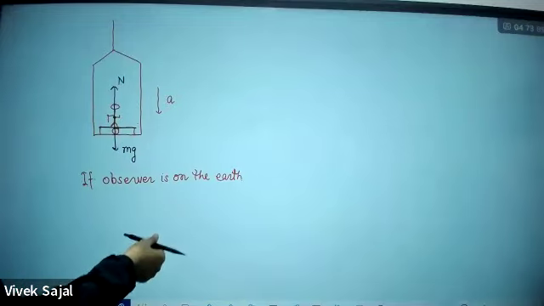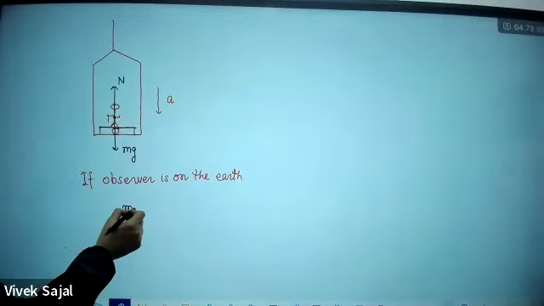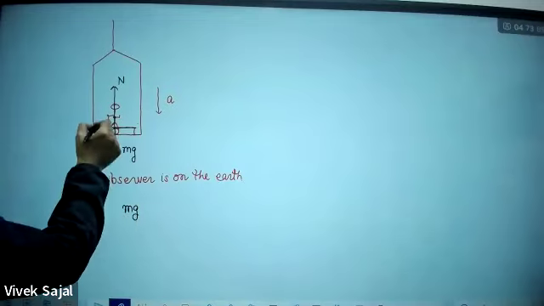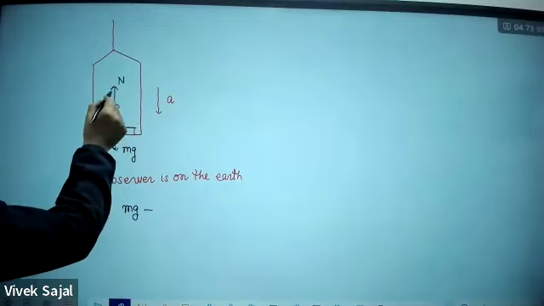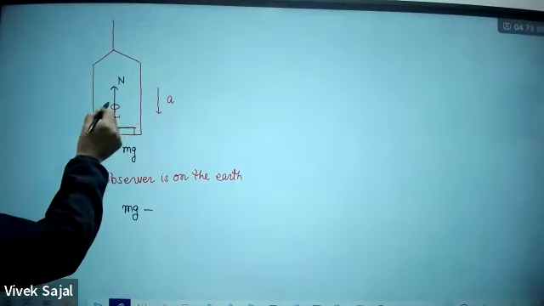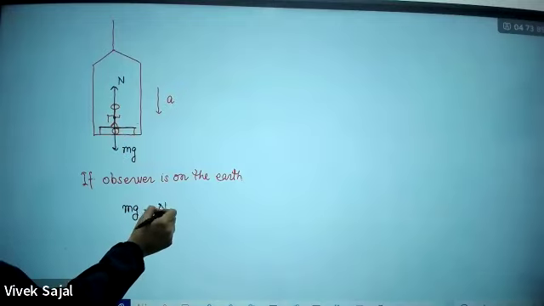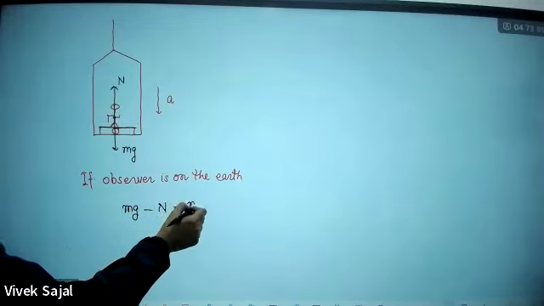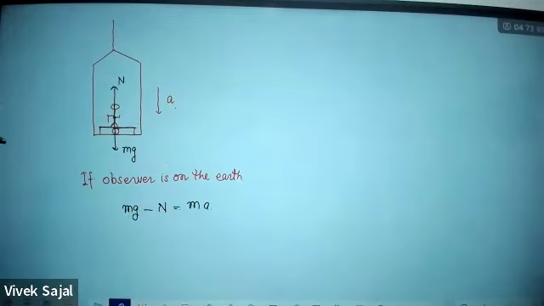Because this is the downward motion, mg will be greater, only then the downward motion of this person will take place. So mg is the weight of this person, and the opposing force opposing the motion of this person in the downward direction will be N, and this will be ma, the net force in this direction.